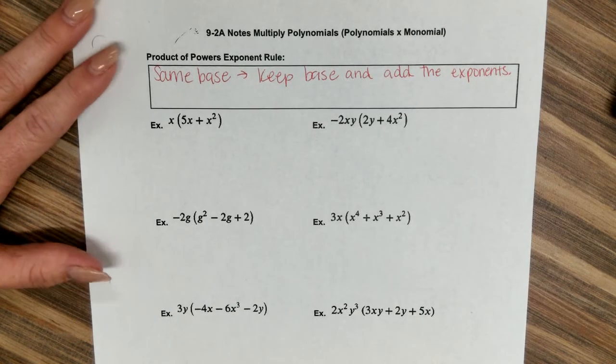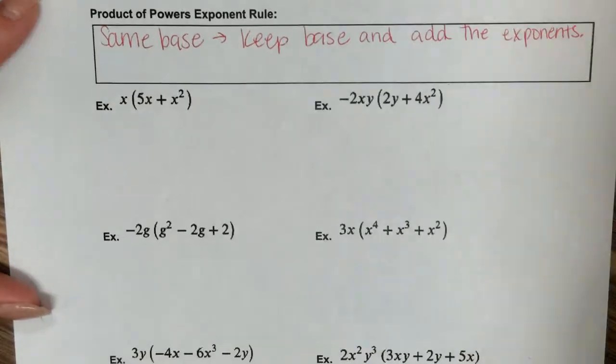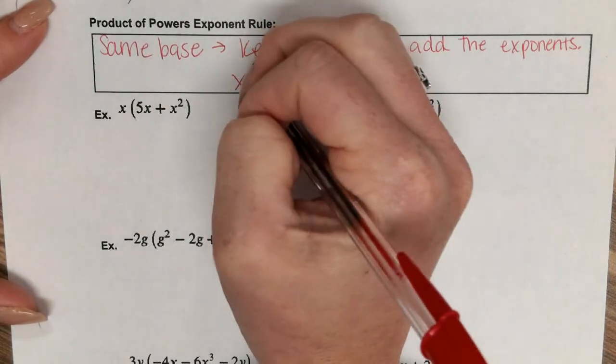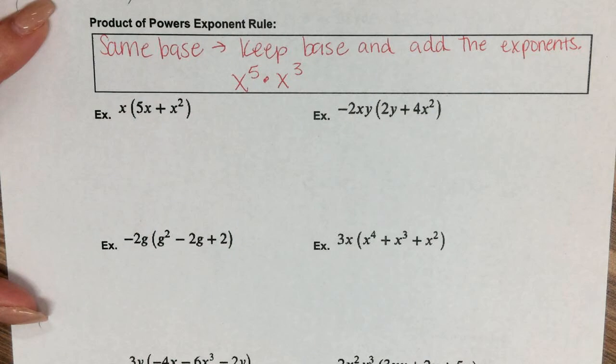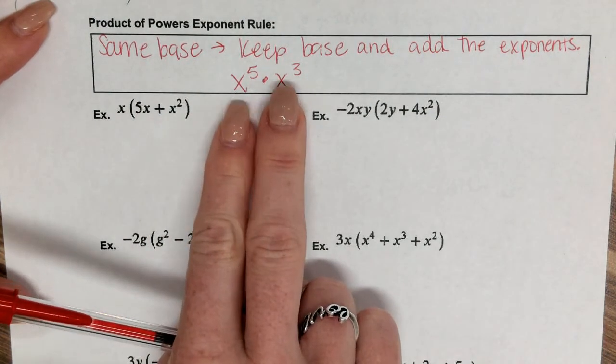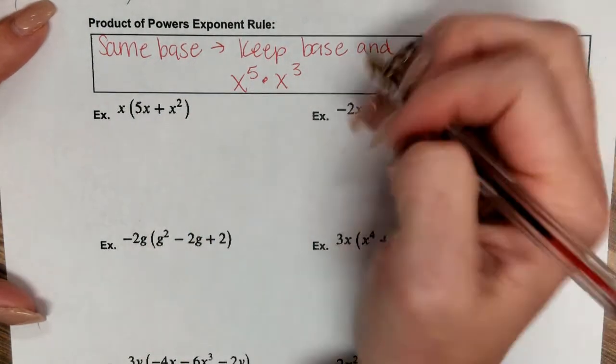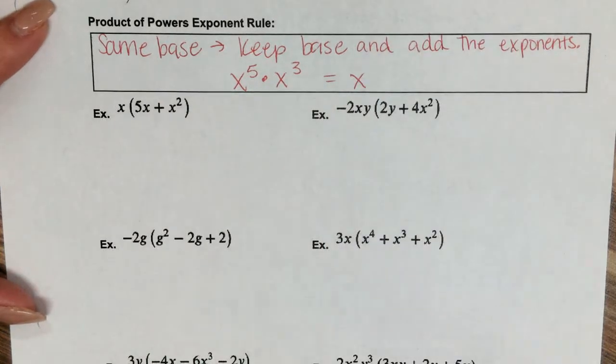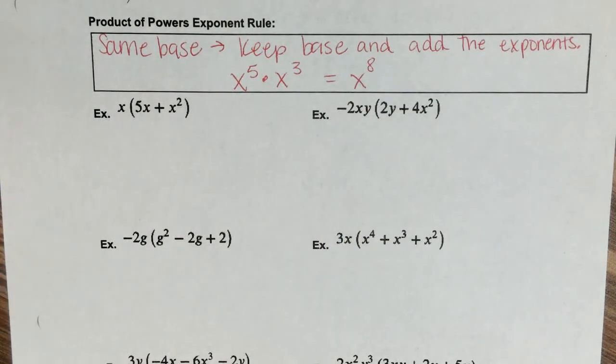And we already learned this. So if I have x to the 5th power times x to the 3rd power, the bases are both x. So I would keep my base and my exponent would become 8.